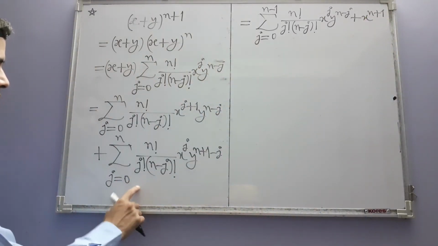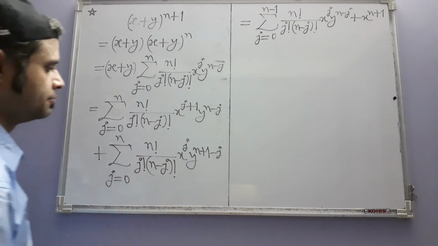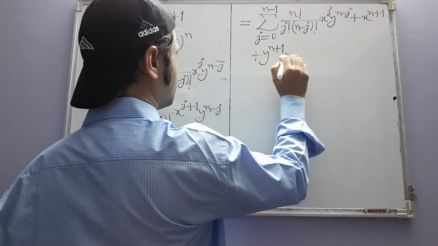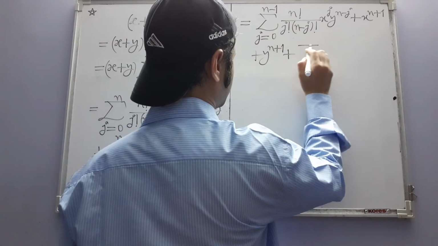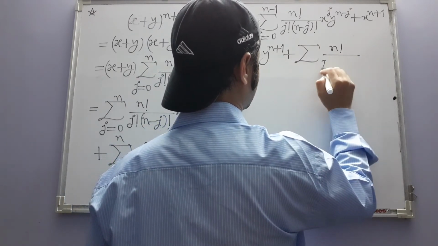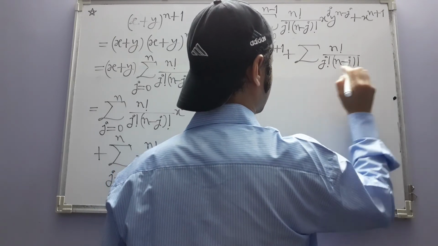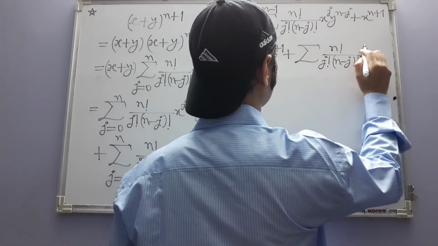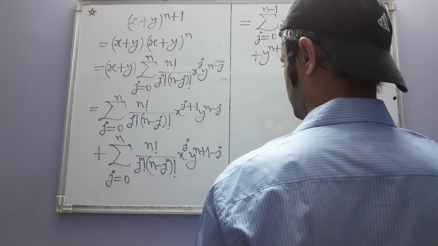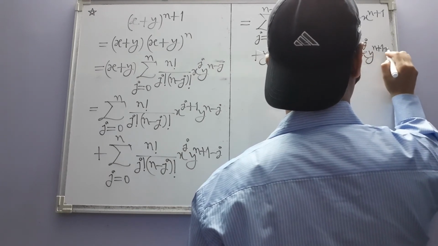From here we take that term outside, which corresponds to j equal to 0, and that is y to the power n plus 1. X to the power j, y to the power n plus 1 minus j.